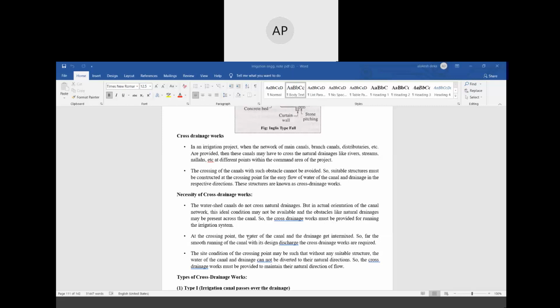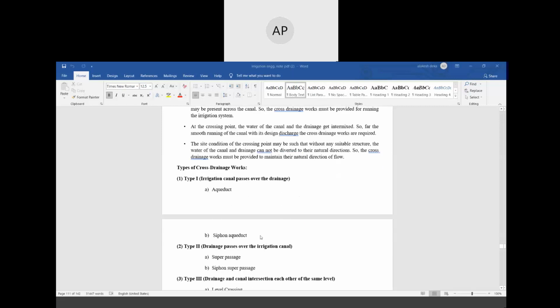At the crossing point, the water of the canal and the drainage get intermixed. So for the smooth running of the canal, cross drainage works are required. The site condition of the crossing point may be such that without any suitable structure, the water of the canal and drainage cannot be diverted in their natural direction. So cross drainage works must be provided to maintain their natural direction of flow.